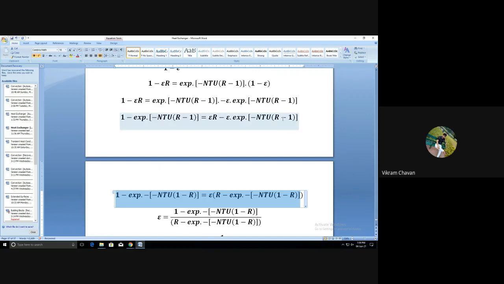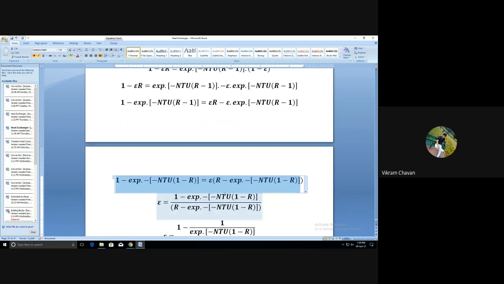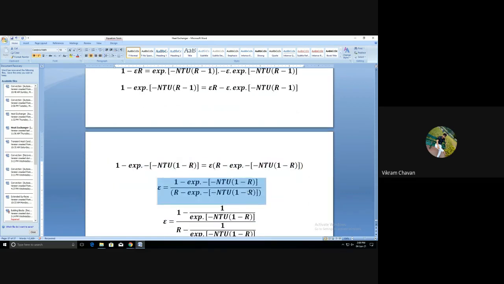R minus 1 will be converted into 1 minus R. And then we'll get the effectiveness equation as (1 minus exponential of minus [NTU multiply by (1 minus R)]) whole divided by (R minus exponential of minus [NTU (1 minus R)]).